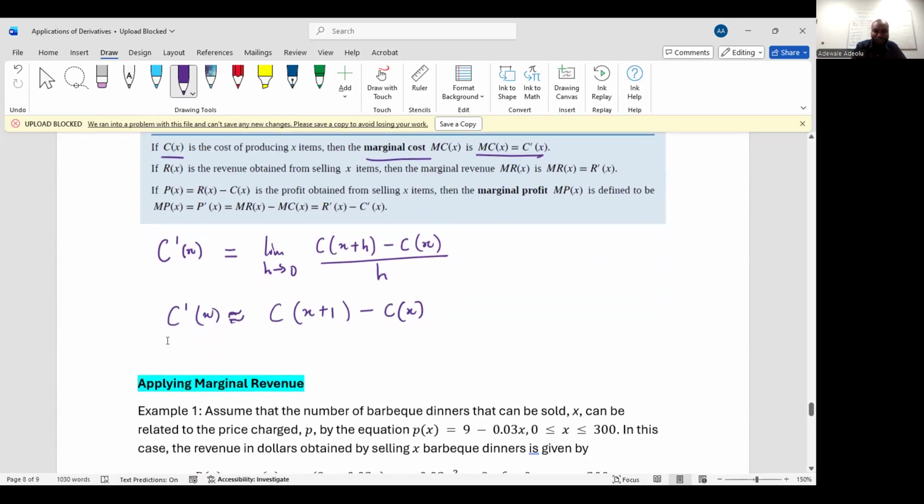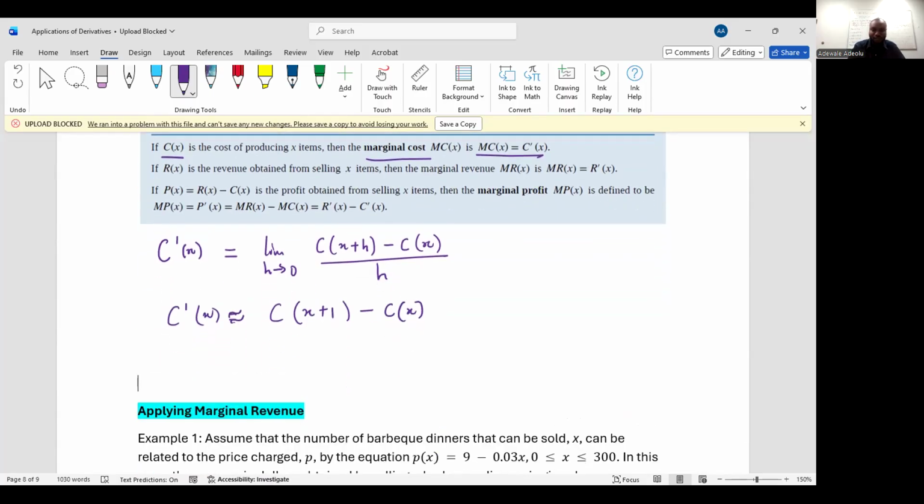Now, what does this show us? What does this mean? It means the cost of producing the next one item. You see, the next one item.